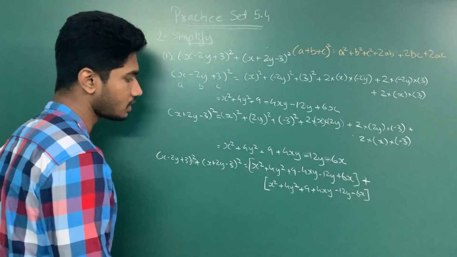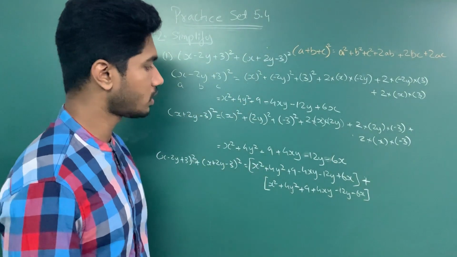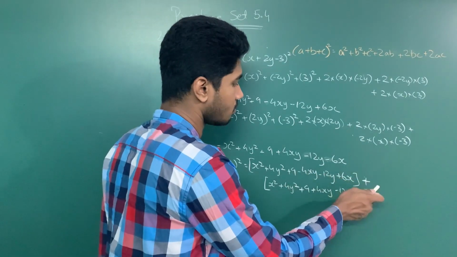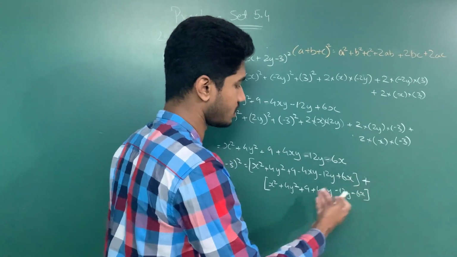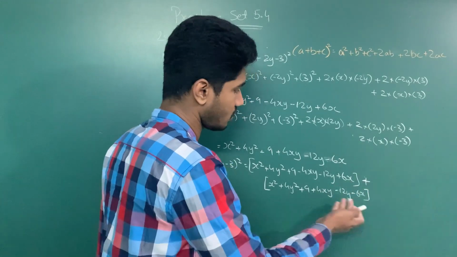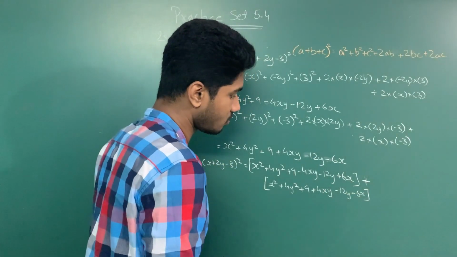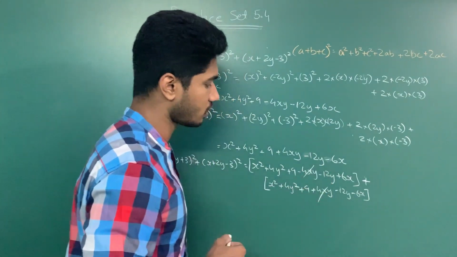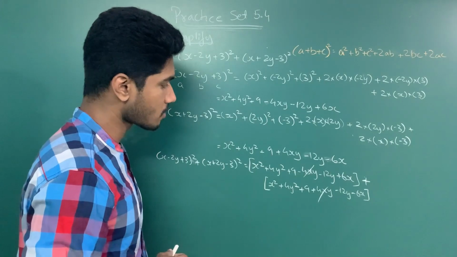So now basically you just check what terms are getting cancelled. For example, if we open the bracket, it is a plus sign, so no sign will change. So you can keep it in the bracket and you can cancel it out. So minus 4xy and plus 4xy will get cancelled.